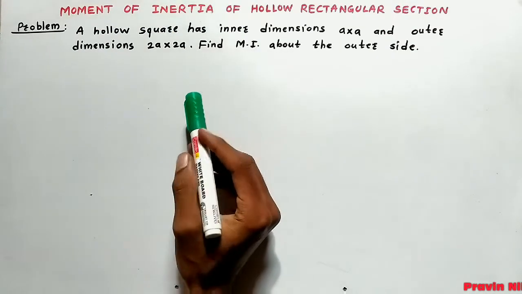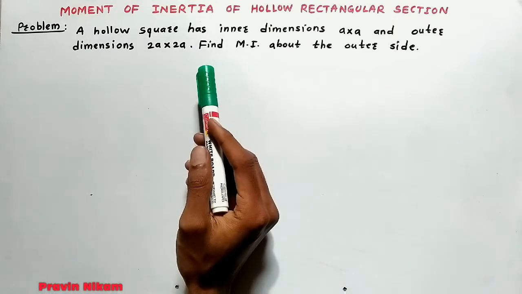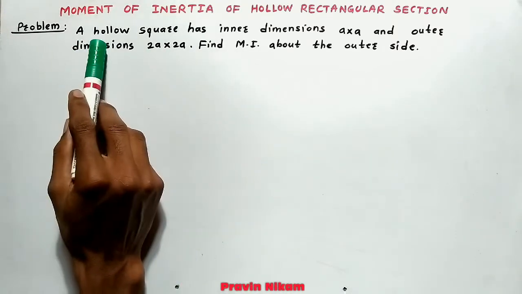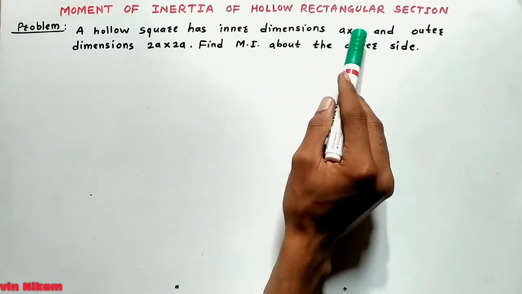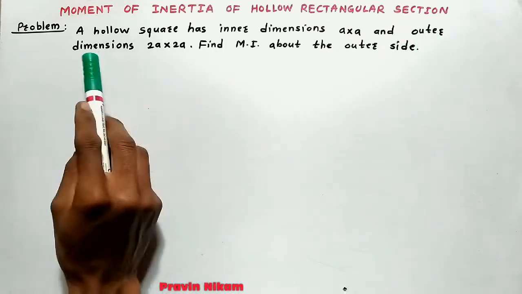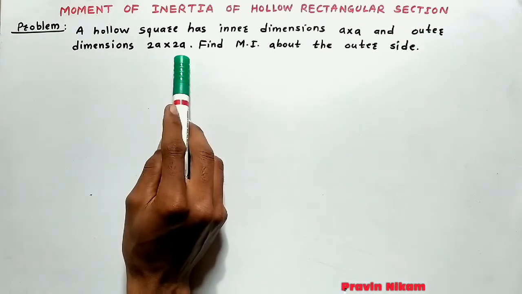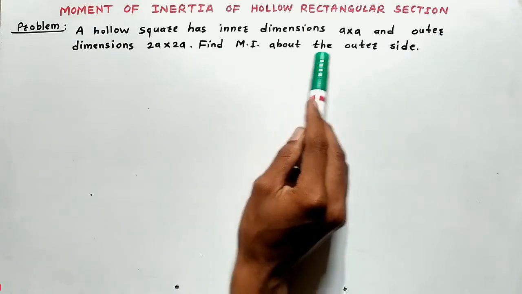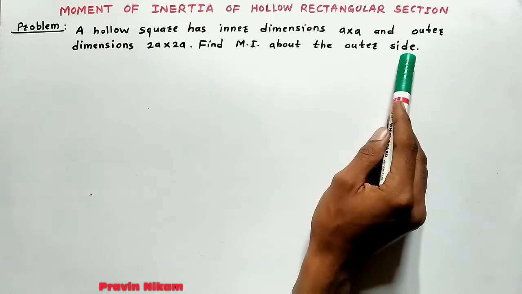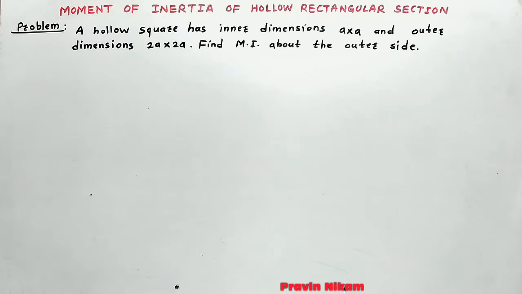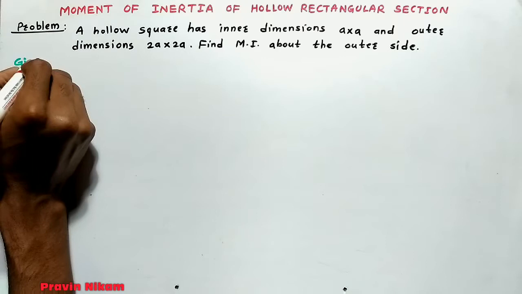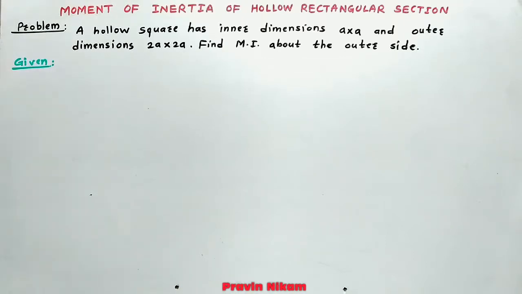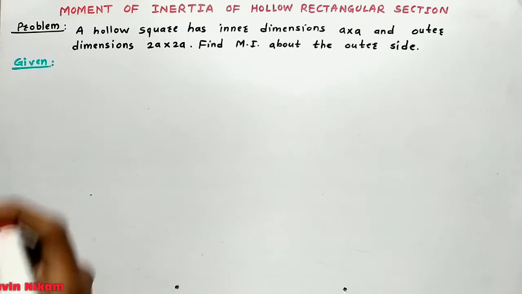Now see friends, one problem based on hollow rectangular section. A hollow square has inner dimensions a into a and outer dimensions 2a into 2a. Find the moment of inertia about the outer side. So let us write the given first. A hollow square section is there.